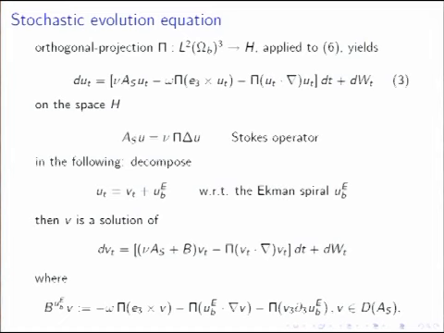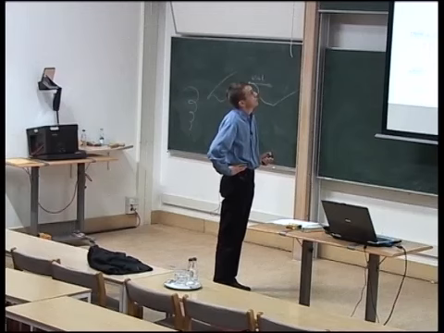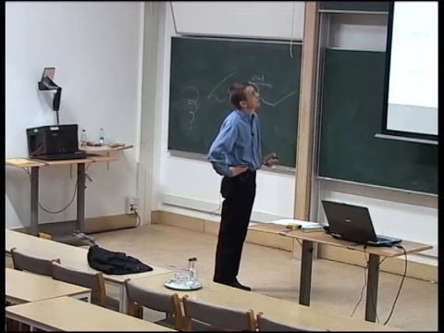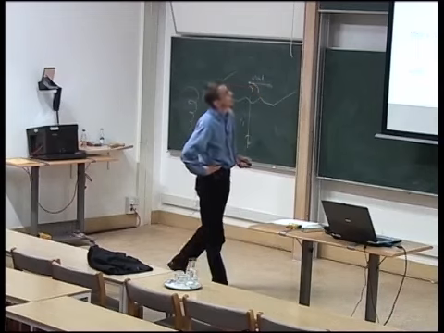So dut is equal to nu times the Stokes operator, which is just a projection of the Laplacian onto the horizontal divergence-free vector fields. Then we have the projection of the Coriolis force, and this is the projection of the convection term here.